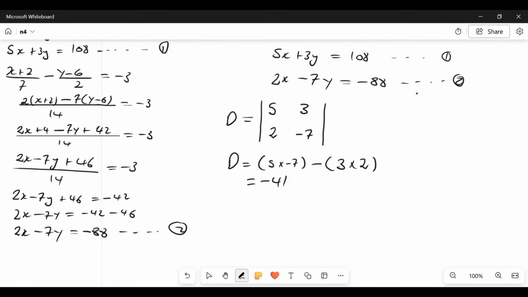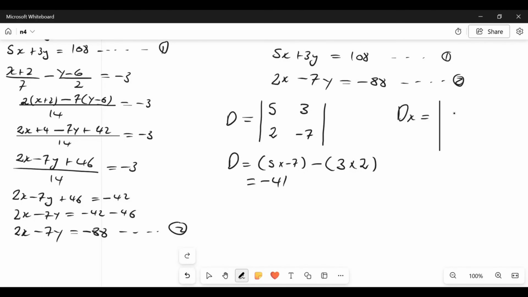So from here now, we need to find the determinant for x. So I'm going to write dx here, which is going to be equal to. We also need to create the matrix for dx. Now, since we are calculating the determinant of x, we know that x belongs in the first column. So what we're going to do here is substitute this entry with the constants.